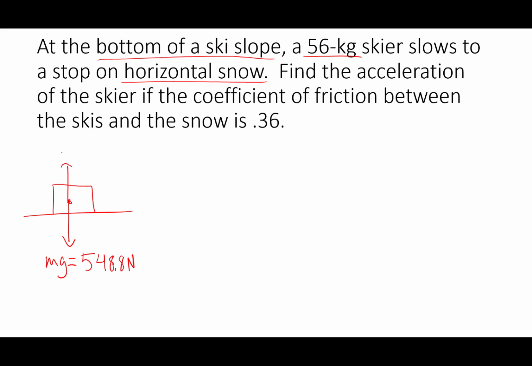My normal force is pointing up, and since the skier is moving horizontally, that has to cancel with gravity, 548.8 newtons. The skier is slowing to a stop, so there's no force pushing the skier forward anymore. If they're moving to the right, that means the friction force points to the back.